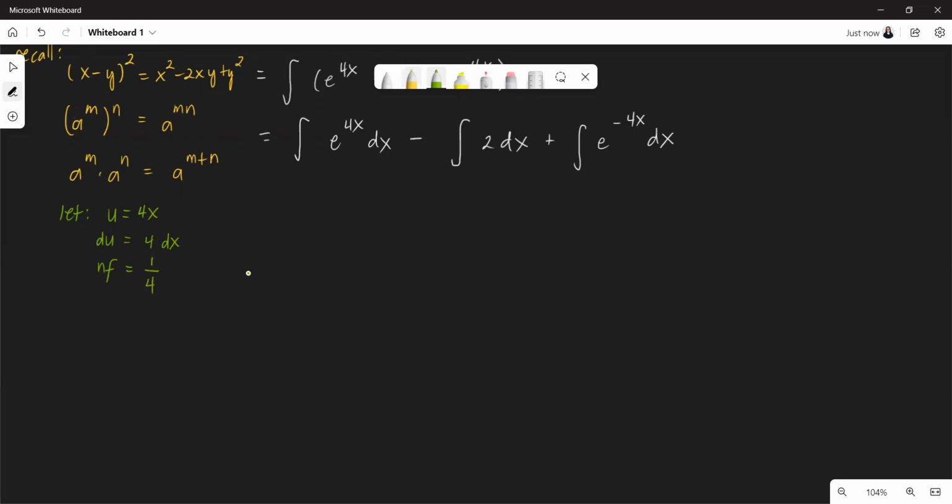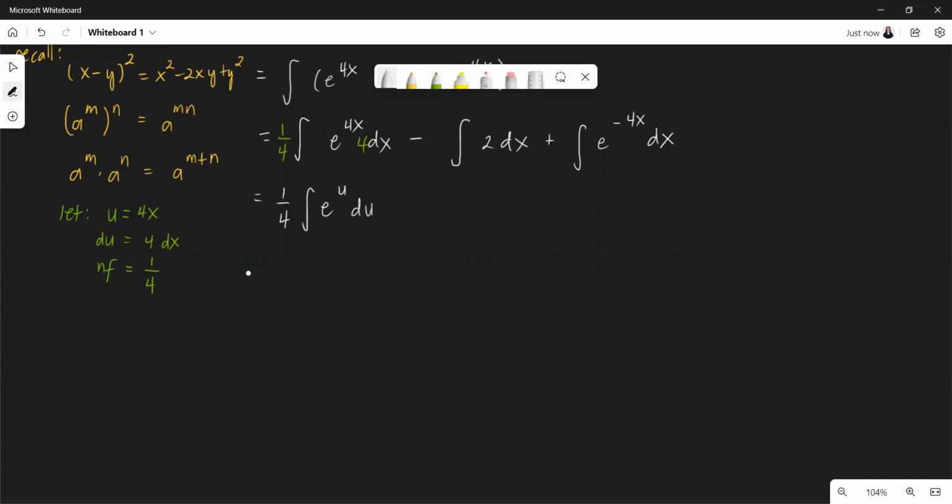So you put the neutralizing factor here and the 4 here so that it becomes 1/4, and the integral of, it's already in the form e raised to the power of u du.